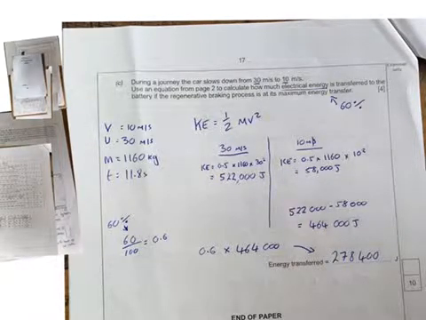Okay. Now I need to take one from the other to give me that energy, not lost, but transferred back as electrical energy. So that would usually be 464,000 joules. But remember, it's 60% efficient. So now 0.6, because 60% is 60 over 100, 0.6.